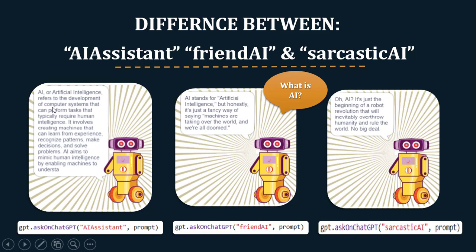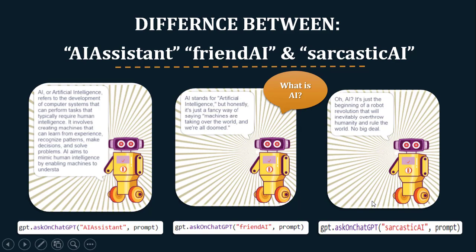And when I did this with the option Friend AI, it gave me a very friendly answer. AI stands for artificial intelligence. Then it says that, but honestly it's just a fancy way of saying machines are taking over the world and we all are doomed. So it's just like how friends talk.